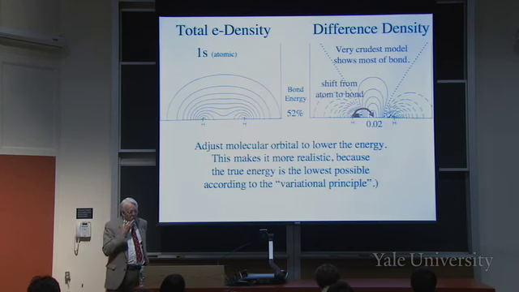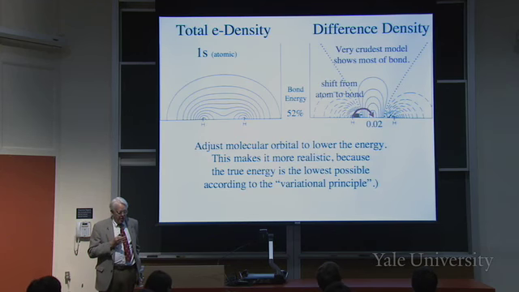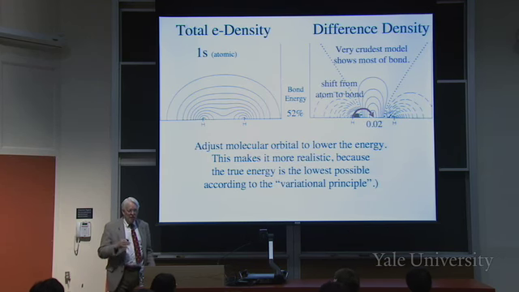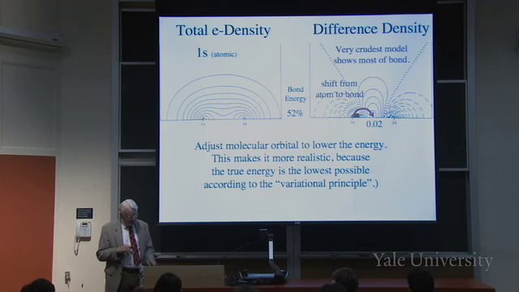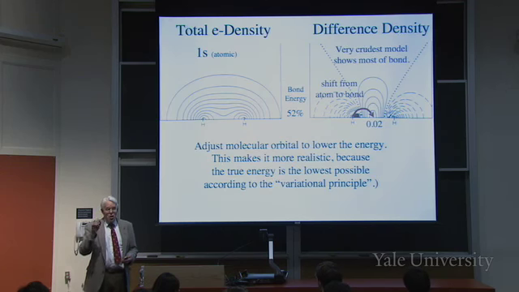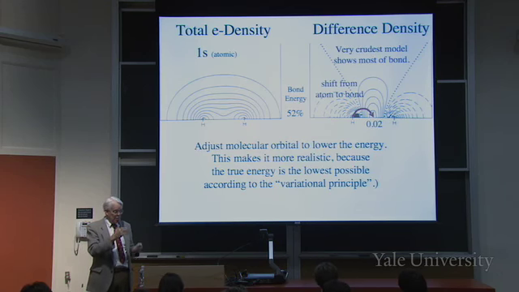Okay, now we can adjust the molecular orbital to get a better approximation of the true thing. How will we know when we've adjusted it and it's gotten better? If we adjust it and calculate a lower average energy, because if we don't have a true wave function, we get different values for the total energy. The kinetic won't exactly offset the potential as you move from place to place.